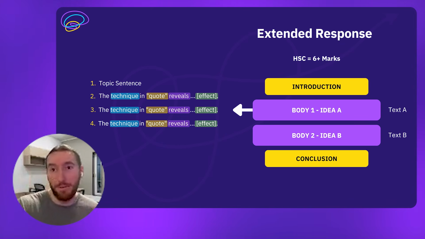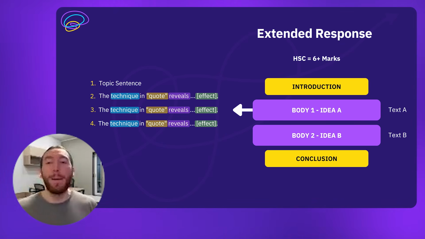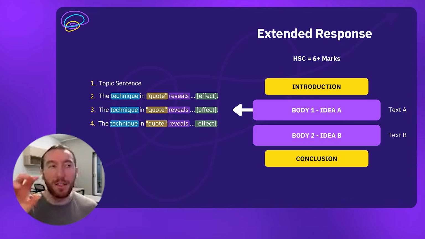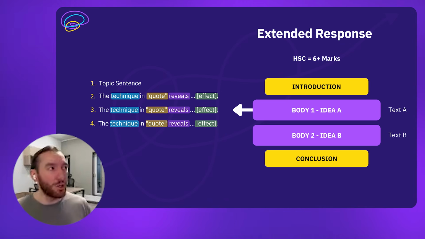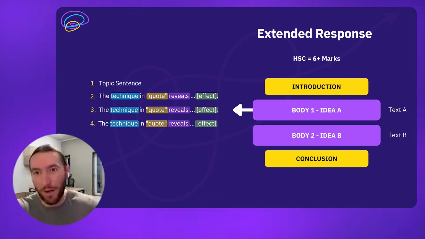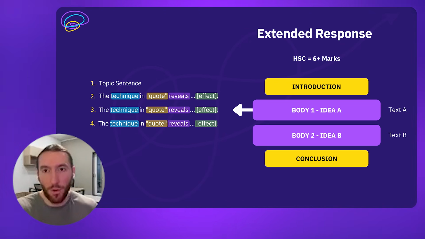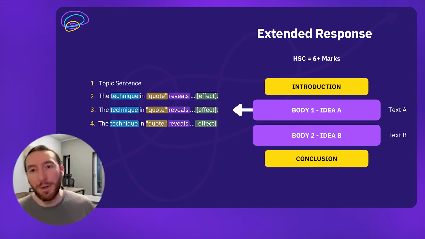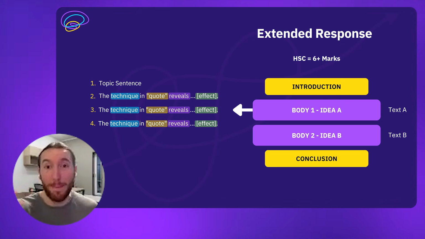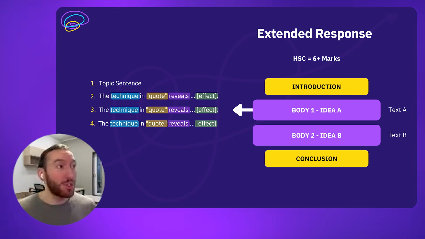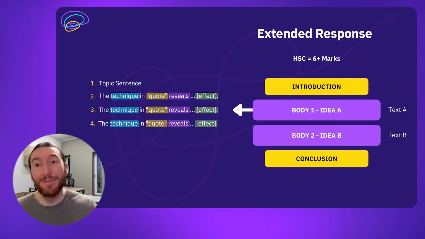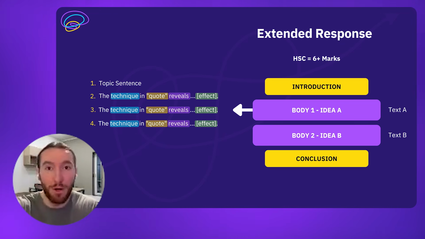It's so much easier if you've already found some relevant techniques, but make sure that they are relevant for this particular idea in the topic sentence, which is going to be a bit different to the other answer you did, because it would have been on a different question. So you might have to make some adjustments, but more or less, I would estimate that you could probably reuse at least 2 out of the 3 pieces of evidence. Just make sure you explain them differently in the effect, so that you use the new keywords of the question.